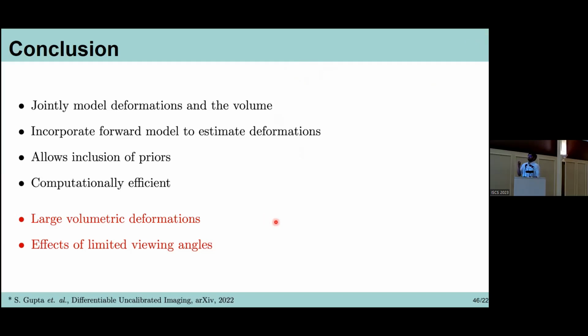Yes, but the problem there is that since we model the volume in the volume space, we have not figured out how to efficiently sample points in the Fourier domain to learn the reconstruction from our forward model. It should help, but we do not know how to do this sampling in the Fourier space from our model yet. Okay. Thank you.